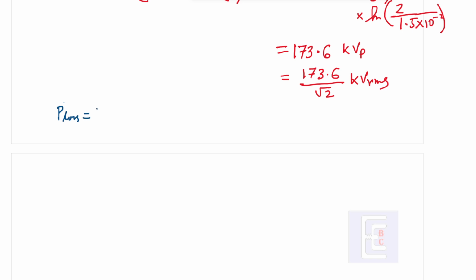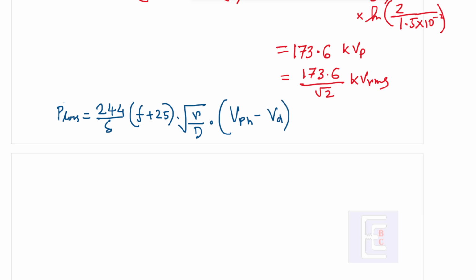First let me write down the formula. 244 by delta, then we have F plus 25, then root under R by D, then V phase minus VD whole square into 10 to the power minus 5. Unit should be kilowatt per kilometer per phase.